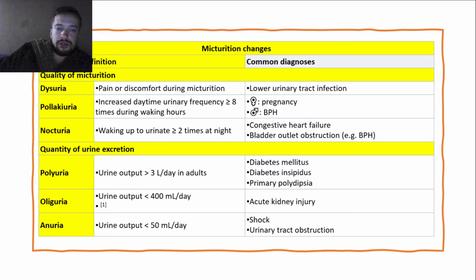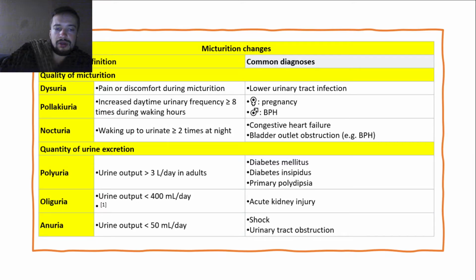Polyuria, urine output more than 3 liters per day in adults. It's diabetes mellitus, diabetes insipidus, and primary polydipsia. Oliguria, urine output less than 400 milliliters per day, acute kidney injury.